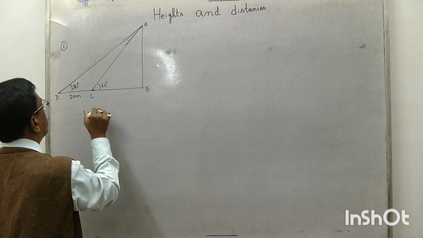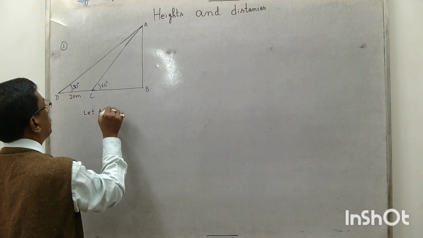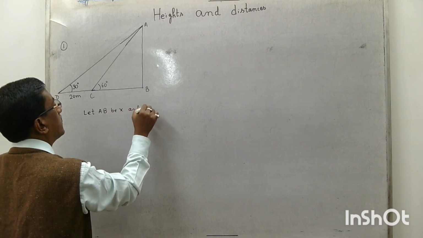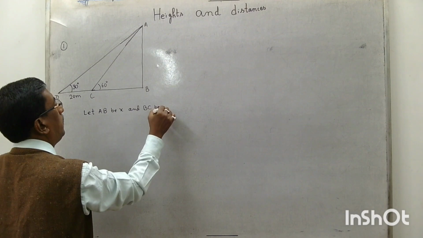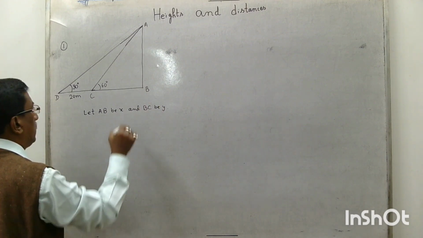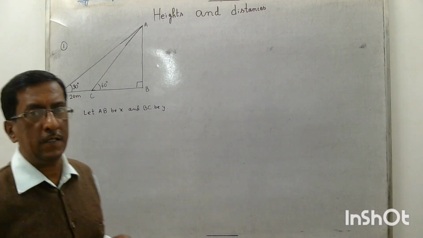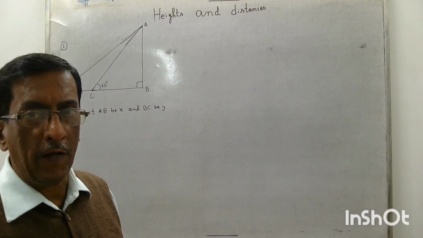Let AB be x and BC be y. Now this ABC is a right angle triangle.